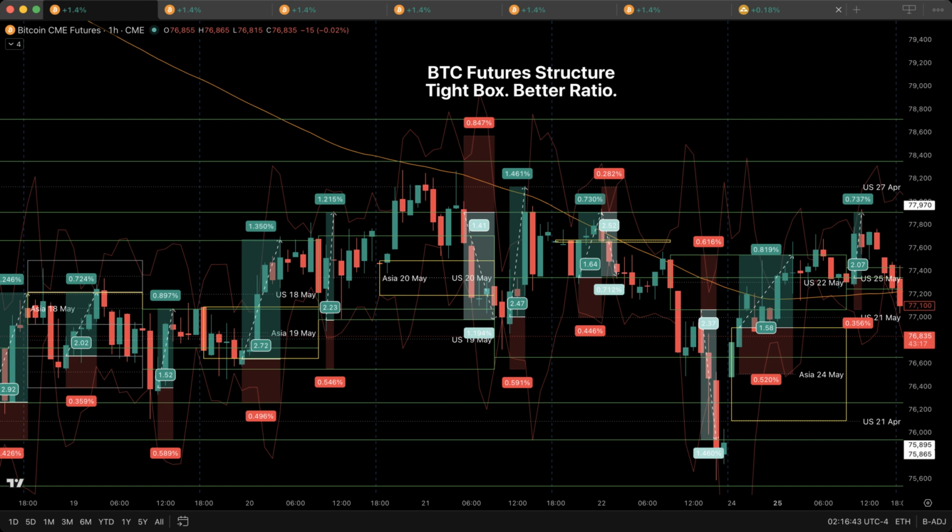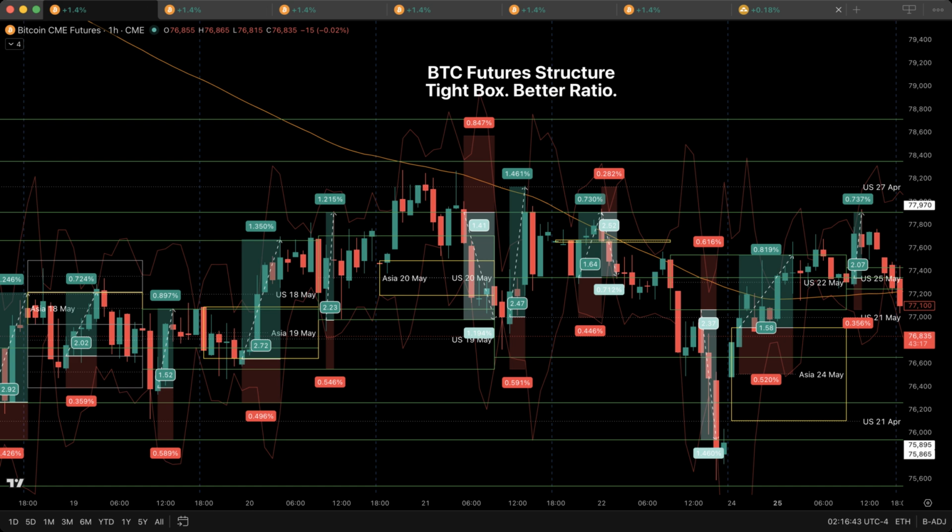Because the long is using the May 22nd and May 21st memory stack. If price falls below May 22nd U.S. lower boundary, the overlapped midpoint support has failed. The compressed session can no longer protect the trade. The long has lost its base. So the stop belongs under that memory.